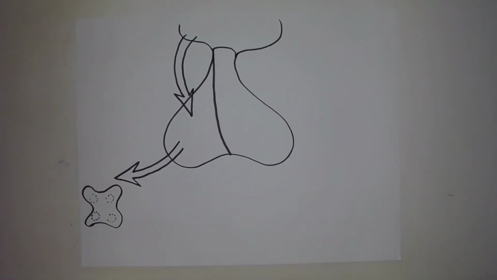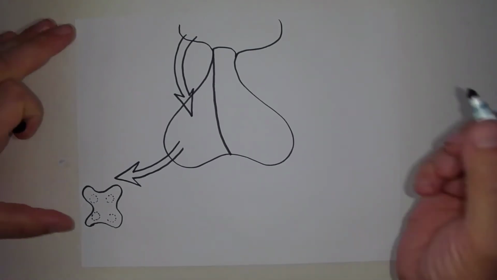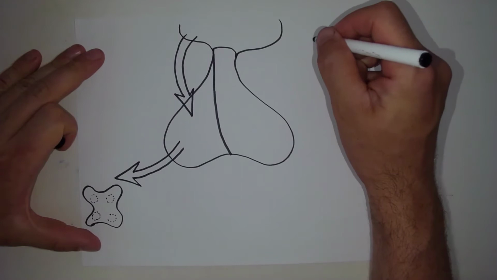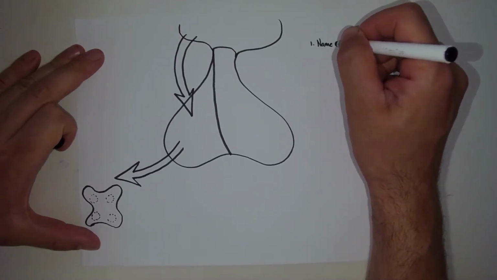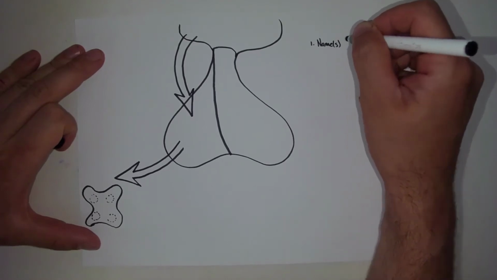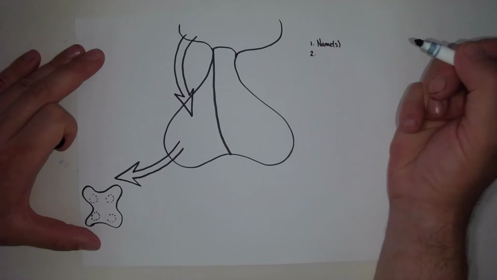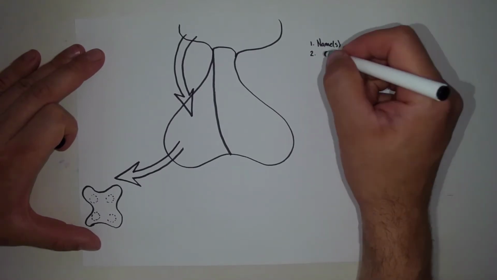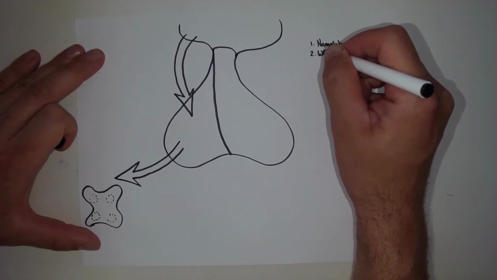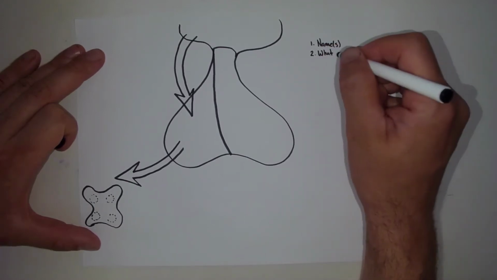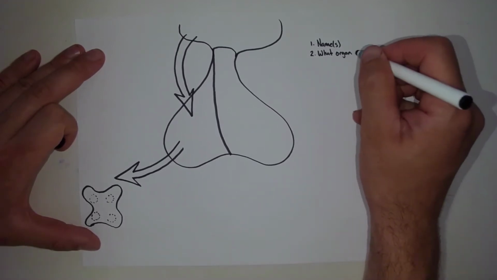Okay. Now, we have a laundry list of questions that we need to answer. And the first one is the names of the hormones. The second question we can ask is what organ makes that hormone?